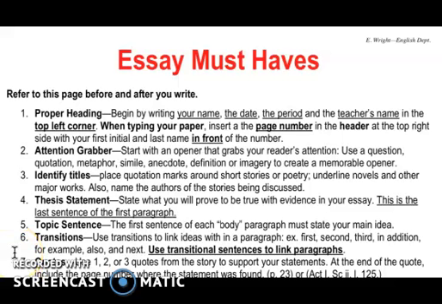As we write longer pieces, this will become more and more essential for you. As a reminder, I think it's great for 7th graders to get started on these essential elements, so that by the time you do get to high school, you're really well structured and you know what is expected of you when you write.